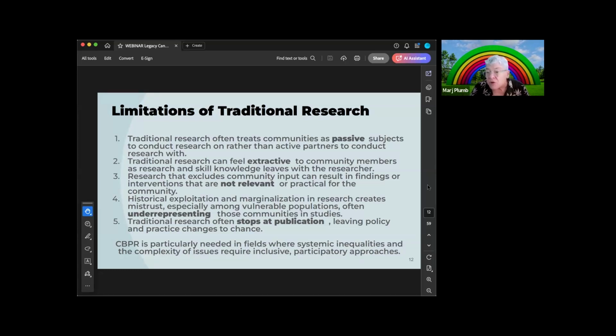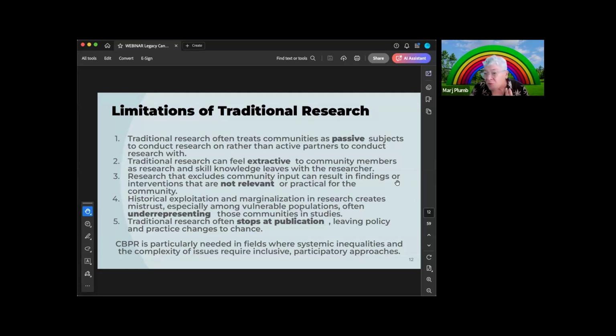And finally, traditional research often stops at publication. Researchers hope that if they publish, policymakers and community organizations running programs will read the article in the academic literature and do something about it. But often that is not the case.